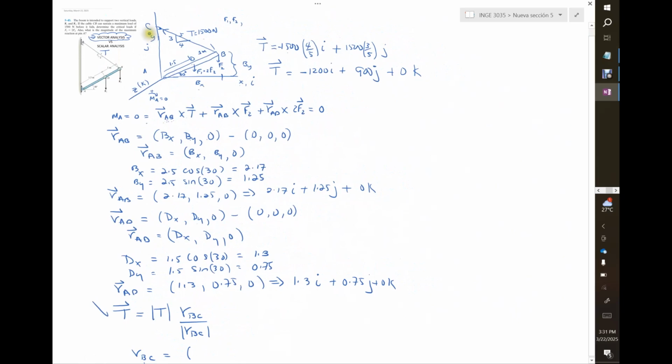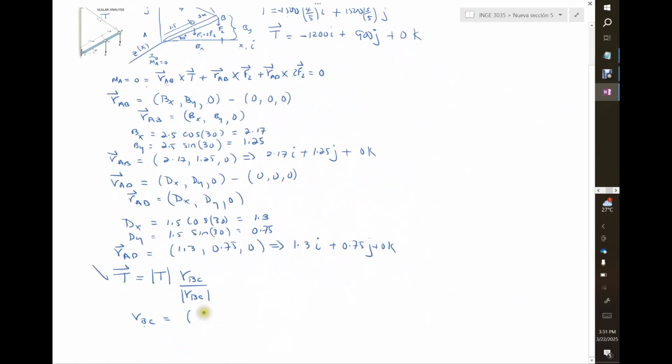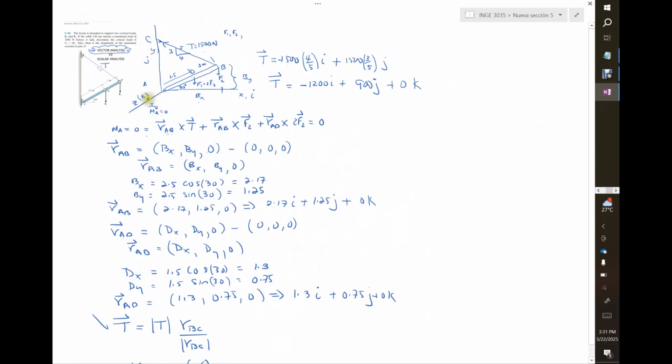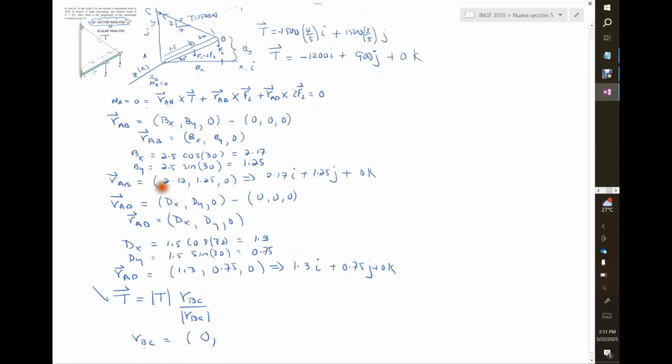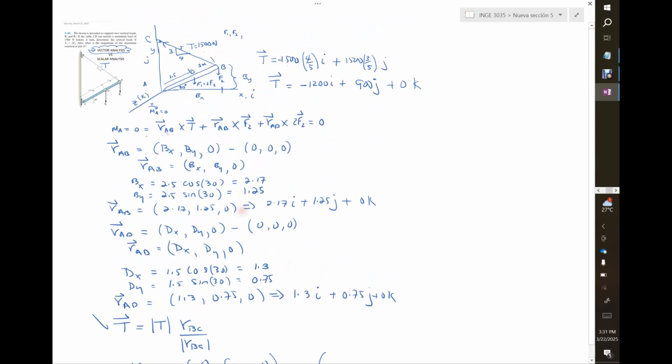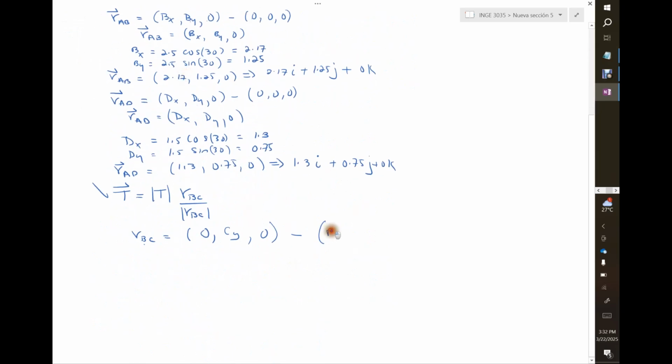For example, C is located at 0 distance on the x, but then is located at a Cy elevation, and then 0 on the k, and you need to subtract the point at B, but the point at B is at Bx, By, and 0 as well.